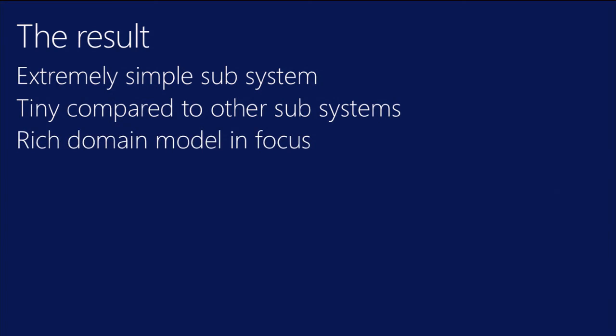We had a rich domain model in focus, so compared to the previous situation where all the domain logic would exist in services, we would have all the domain logic, the business rules, everything in the domain model, and the services would be very thin. We had a system that was very well tested.